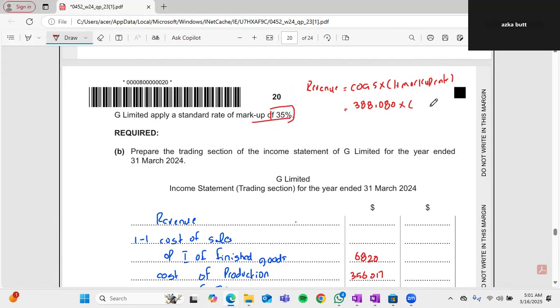Just convert this into decimal, so this is 1 plus 0.35. So this is 388,080 multiplied by 1.35. You'll get the answer, which is 523,908. So this is revenue.